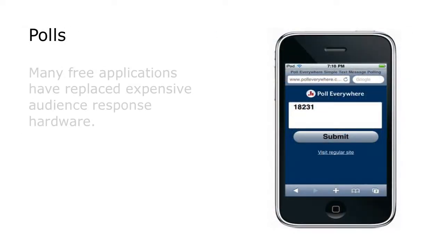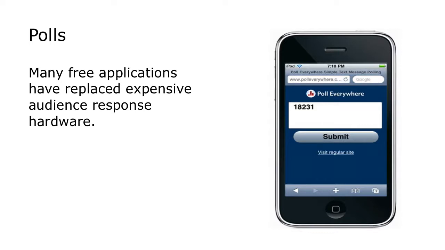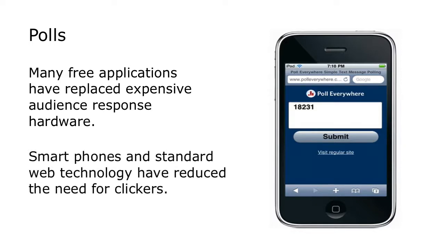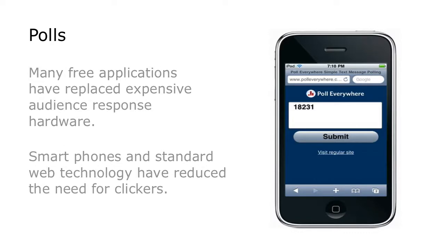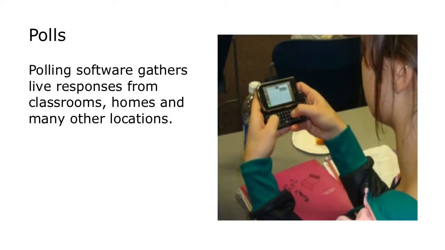Polls. Many free applications have replaced expensive audience response hardware, such as clickers. Smartphones and standard web technology have reduced the need for clickers. Polling software gathers live responses from classrooms, homes, and many other locations.